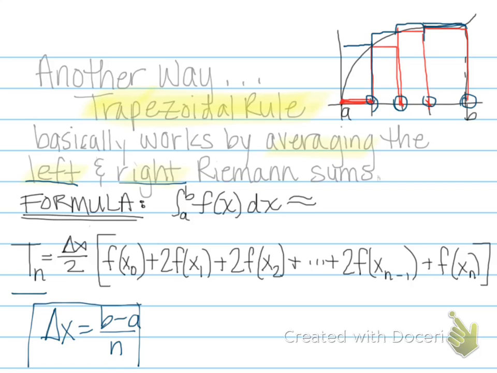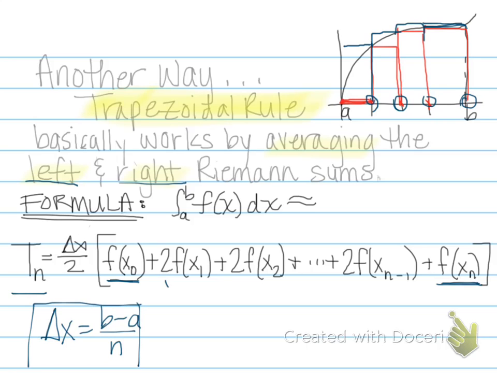So we're using n intervals, and doing the trapezoidal rule, you'll take your delta x and divide it by 2. That accounts for the average. And the first endpoint and the last, or the first interval and the last interval, you're going to use that endpoint once.